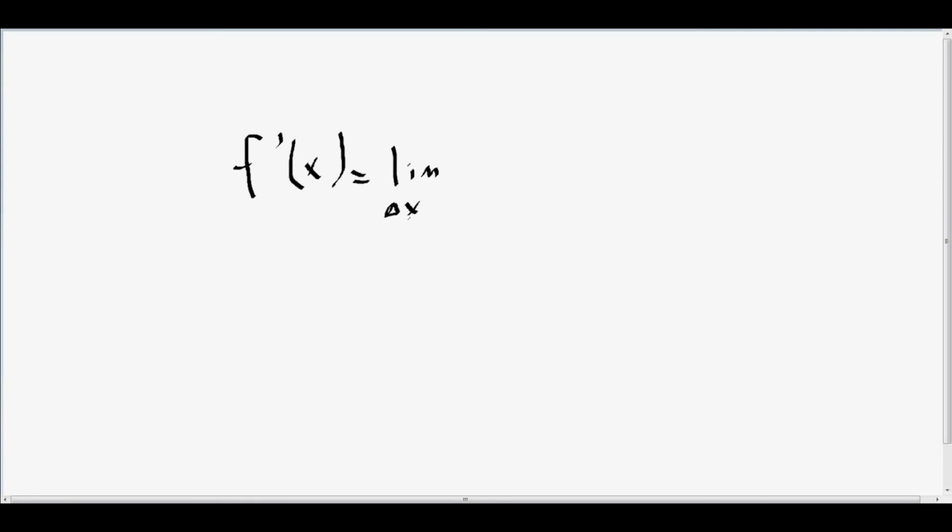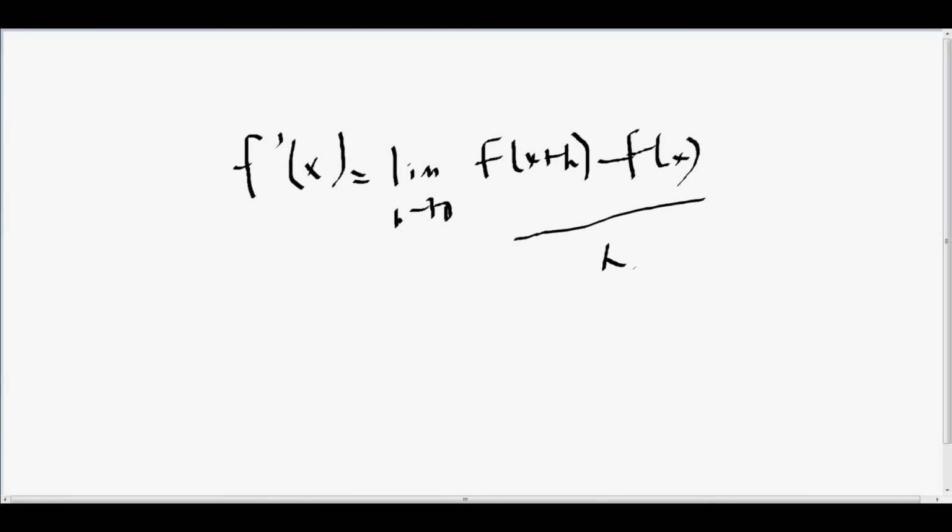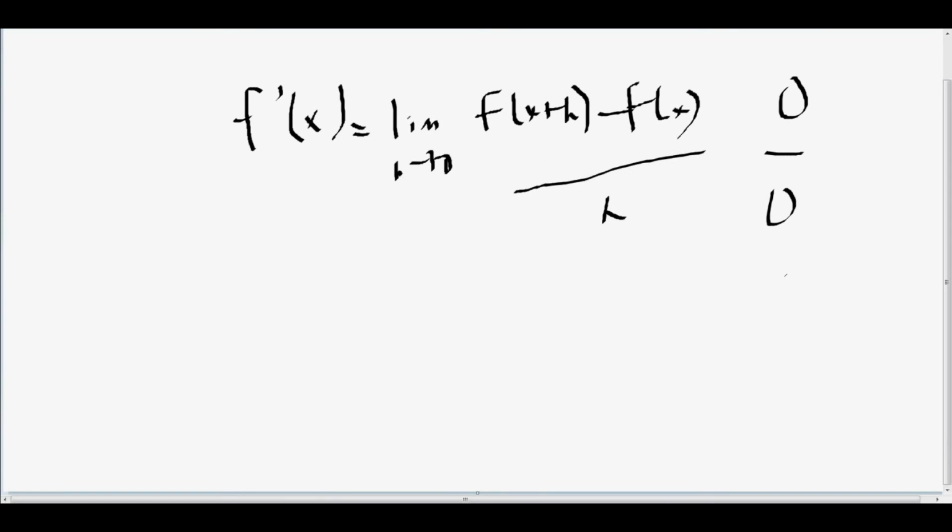The limit as h approaches 0 of f of x plus h minus f of x, all over h. Plugging into this gave us 0 over 0. So this would be a case where L'Hopital's rule would work.